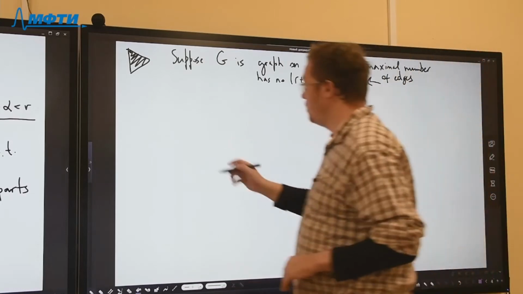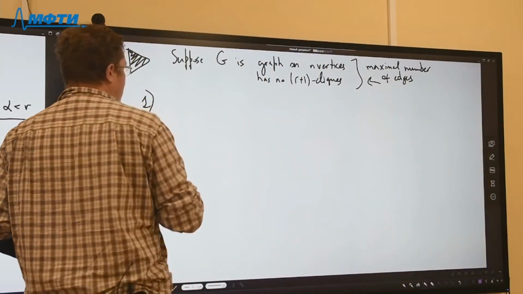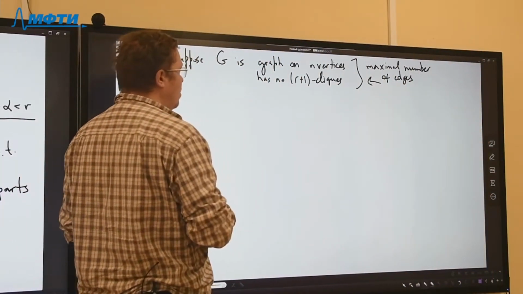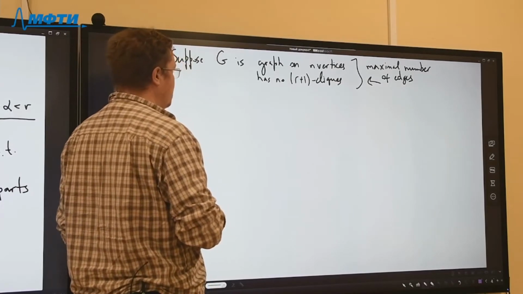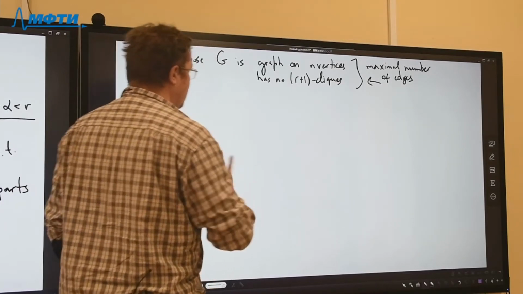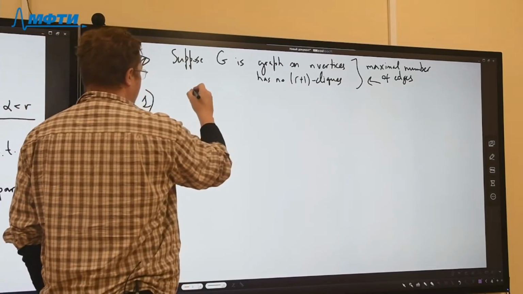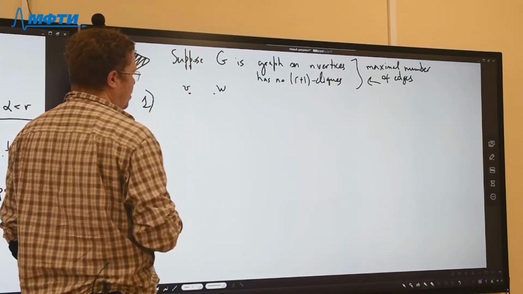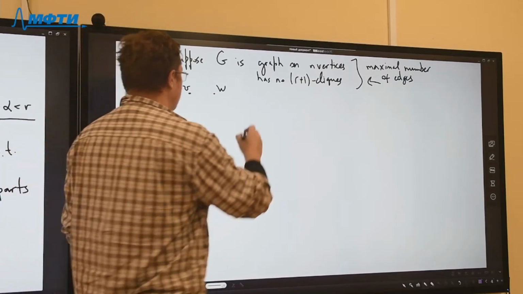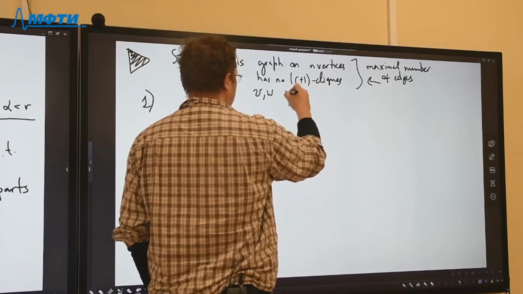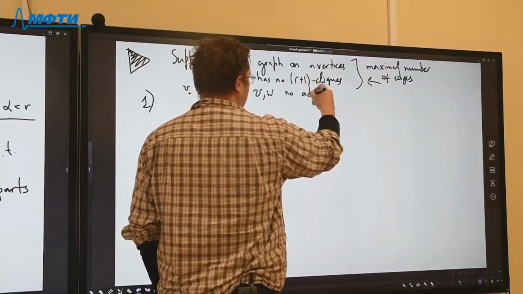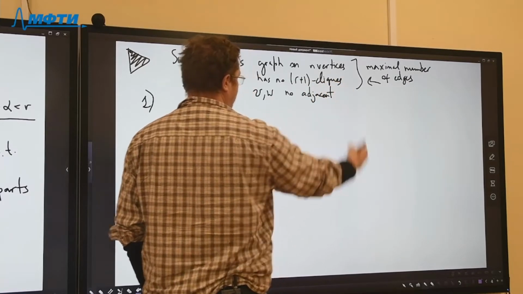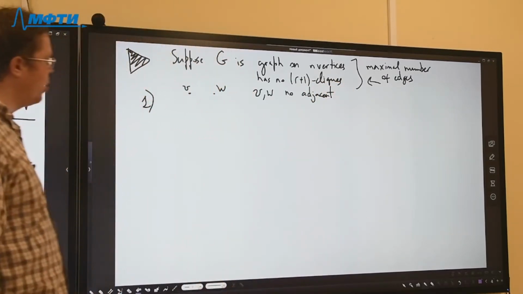So first of all, suppose we have two vertices which are not adjacent to each other. So we have no edge between them.